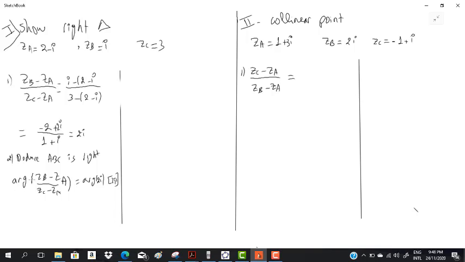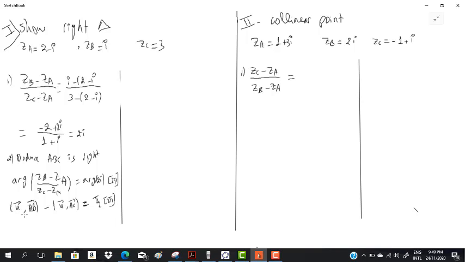So the argument of a fraction equals the argument of the numerator, which is the angle that U makes with the vector AB, argument of ZAB, minus the argument of the denominator ZAC, the angle that U makes with the vector AC. The argument of 2i, because it is a pure imaginary positive number, is pi over 2, modulus 2 pi.